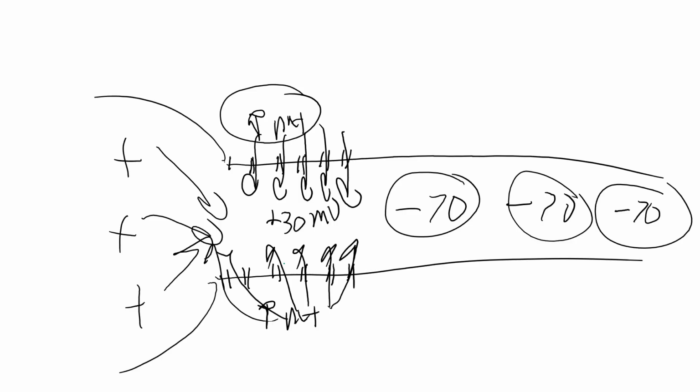And don't let me confuse you. When I say throughout all of the other axonal regions, I am not saying the axon hillock is part of the axon, because technically it is not. So more appropriately said, throughout all of the axon, the interior is negative 70. And in the hillock, it's positive 30.